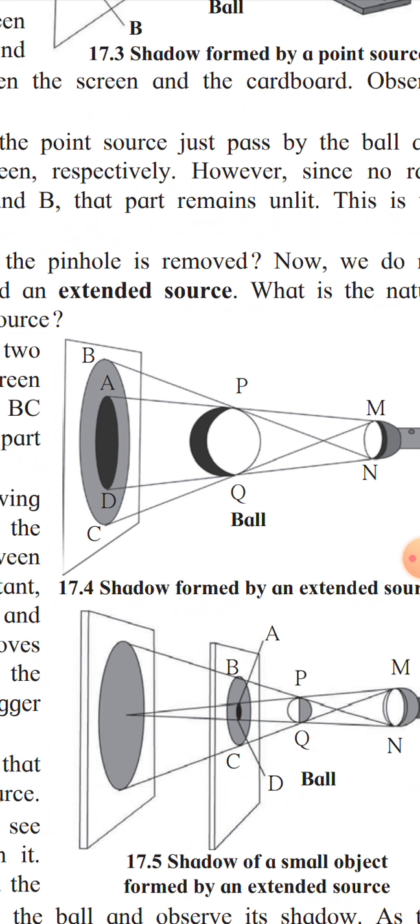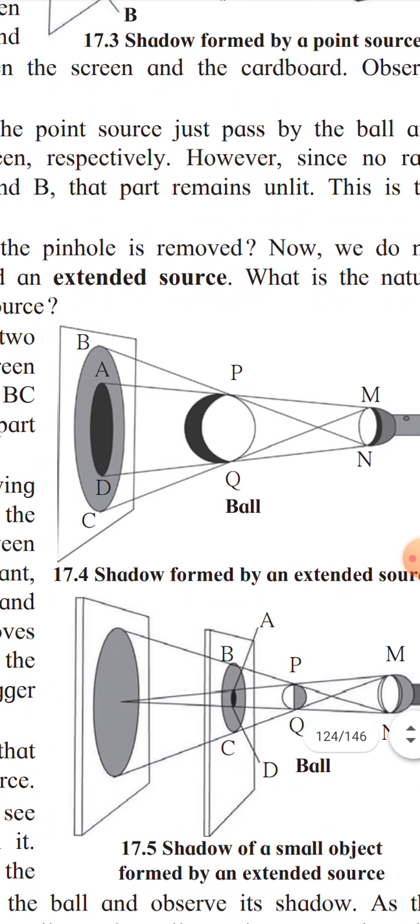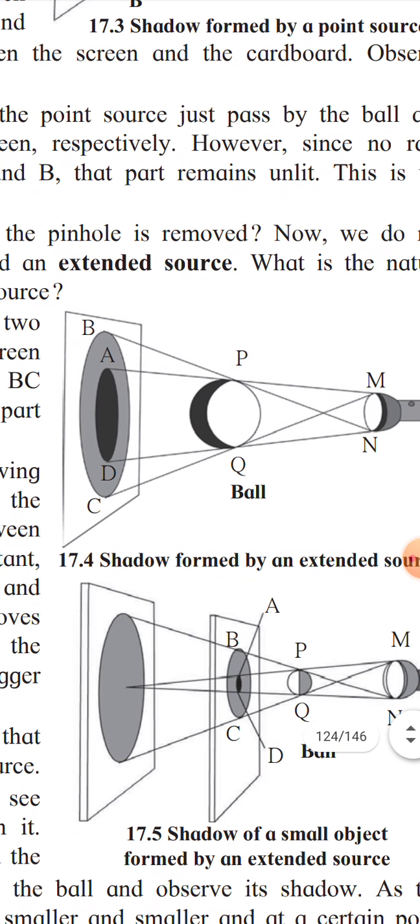Here we are not using the cardboard. That's why the light from the source falls directly on the screen. When it is reflected on the ball, it can be seen directly on the screen. Now here one is a dark shadow AD and one is the faint shadow.